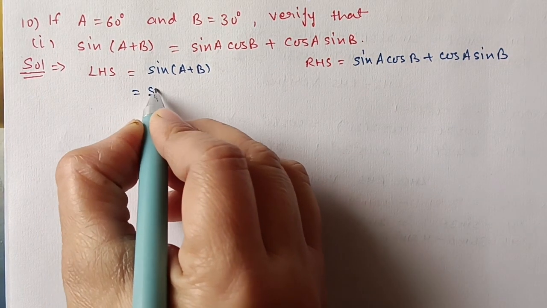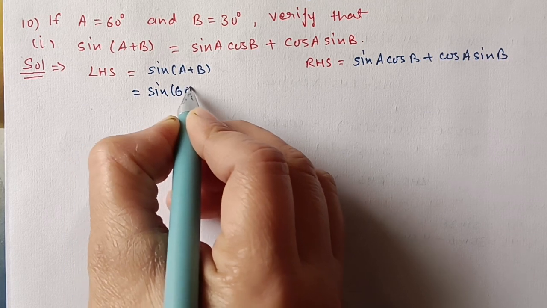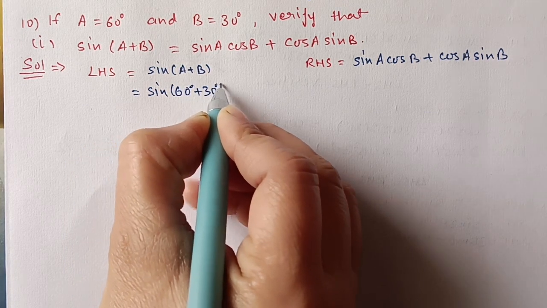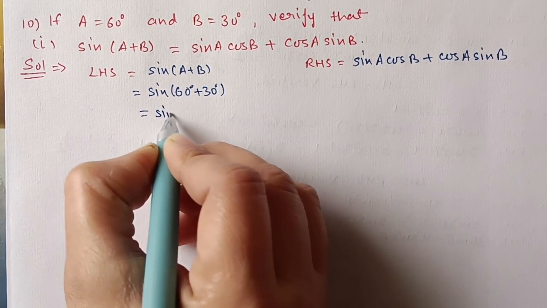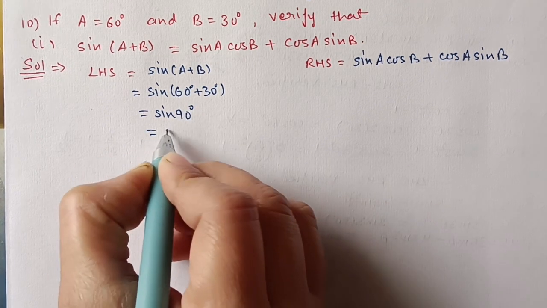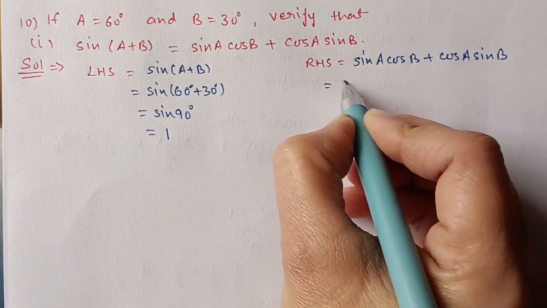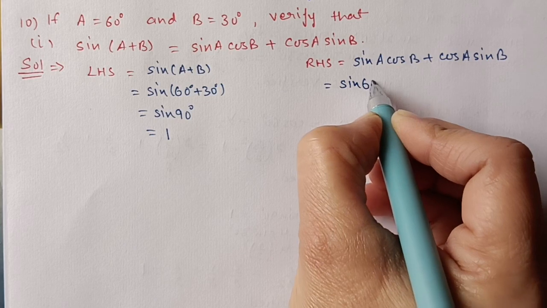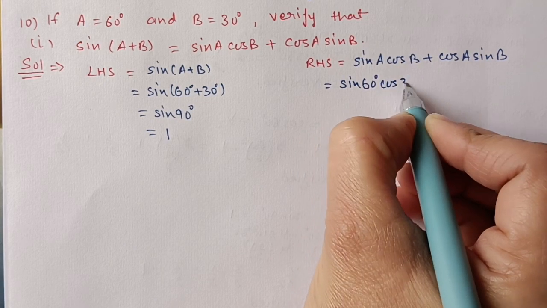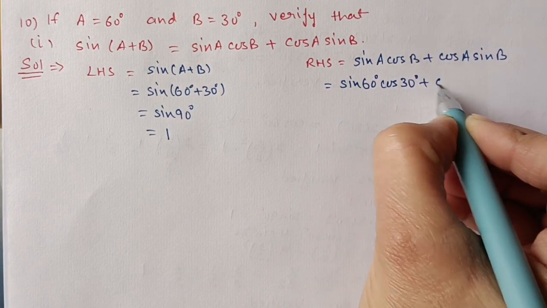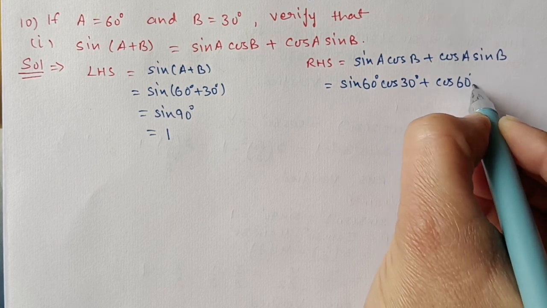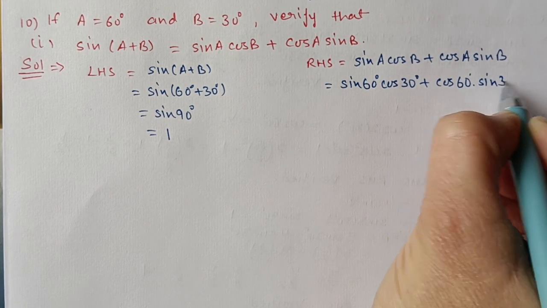So sin(60 plus 30) means sin 90, and sin 90 value is equal to 1. Now substitute right side: sin 60 cos 30 plus cos 60 sin 30.